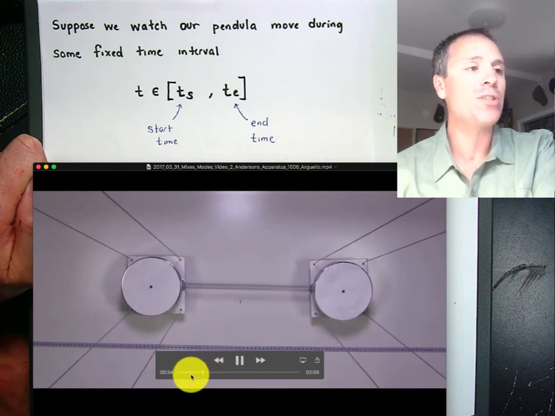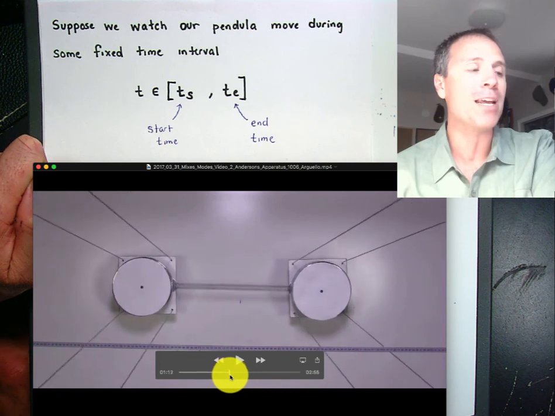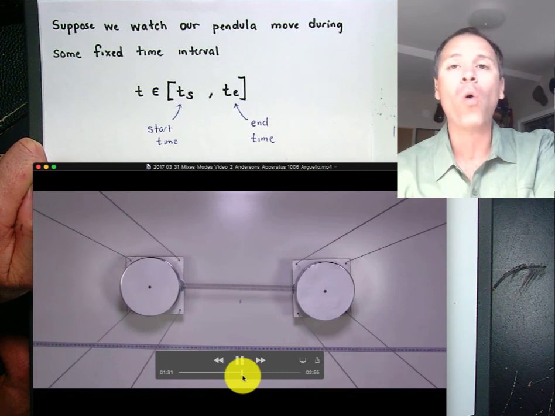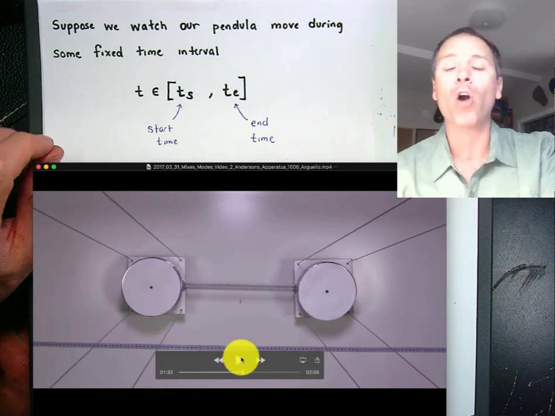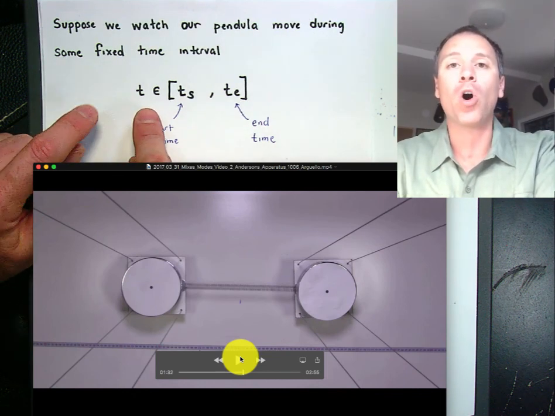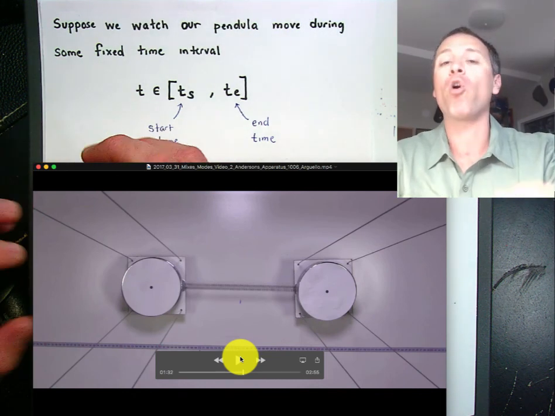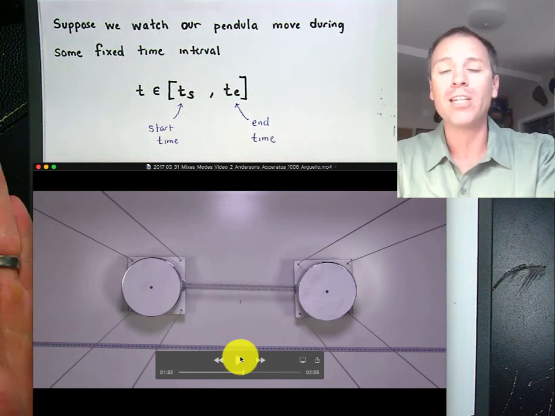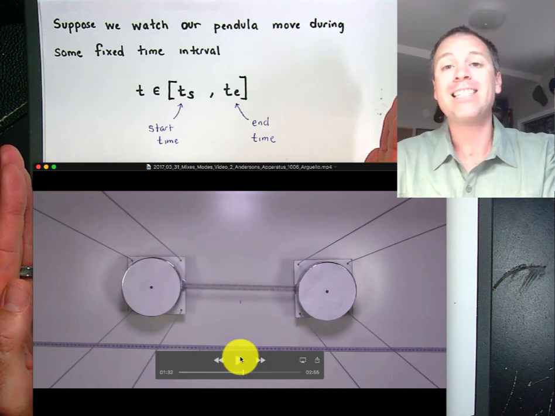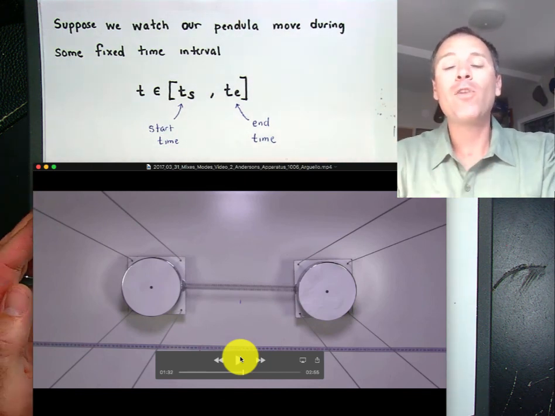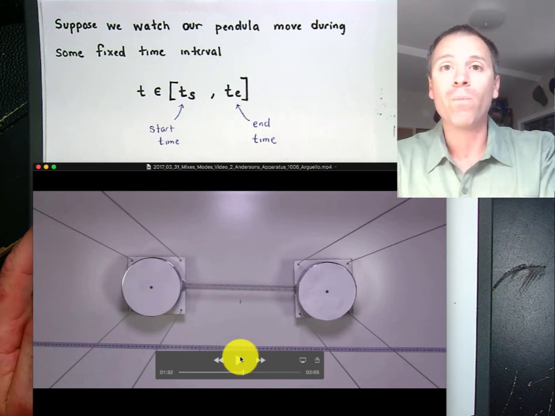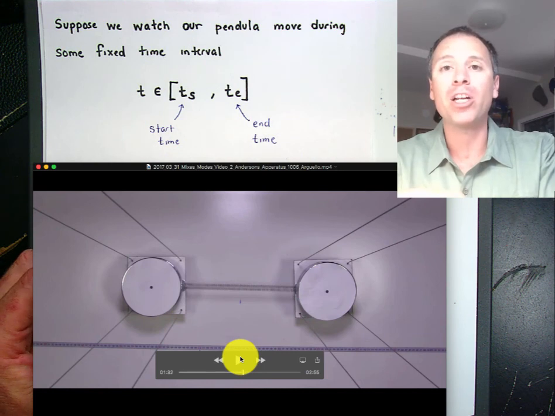And then from 32 seconds all the way to, I don't know, maybe a minute and 32 seconds, we'll try to match all the displacement behavior of our particular masses in that time interval. So in other words, we're going to limit our focus. Instead of saying for all of time, we're going to say from 32 seconds in our experiment to a minute and 32 seconds in our experiment, 60 seconds of time. Let's see if we can match the behavior observed in the experiment video with the model prediction on that time frame.